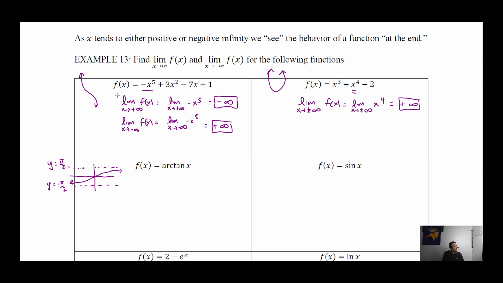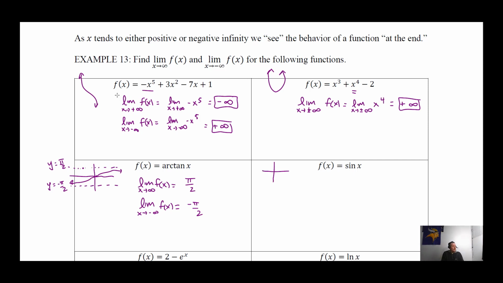So it's an always increasing function, as we can see from here. And as the limit as x goes towards infinity, the function would be going closer and closer to the horizontal asymptote at pi over 2. And as we head towards negative infinity, we'd be getting closer and closer to the lower asymptote at negative pi over 2.